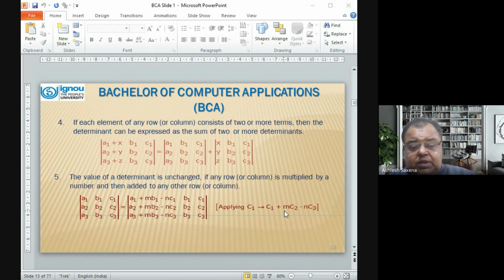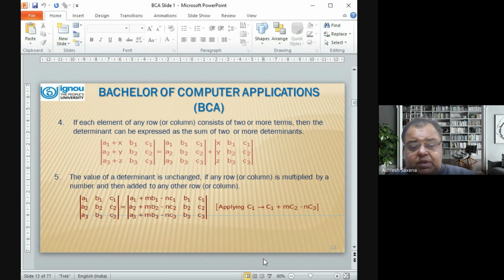And you will be subtracting column 3 after multiplying it with n. So every element of C3 will be there. This is how this has been expanded. It's not reduced, it's expanded.